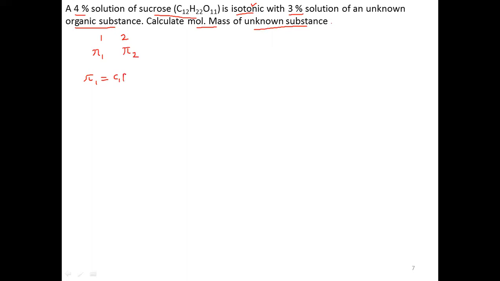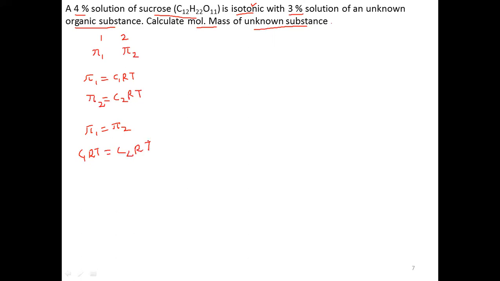C1 RT is equal to C2 RT. When we say solutions are isotonic, that means they are at the same temperature. So T is also the same, and R is constant. Now isotonic means pi 1 is equal to pi 2. That means C1 RT is equal to C2 RT.